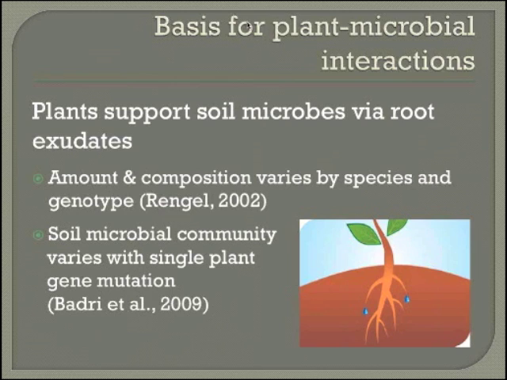It varies a lot by plants, but it's estimated that plants will release up to 30% of their food sources to signal these bacteria in the soil and fungi. And the amount and composition varies both by species as well as genotype. And a recent study by Gaudry et al. actually found that even a single gene mutation in the exporter out of that root structure that's releasing these compounds can dramatically change the whole microbial community that's associated with that plant.